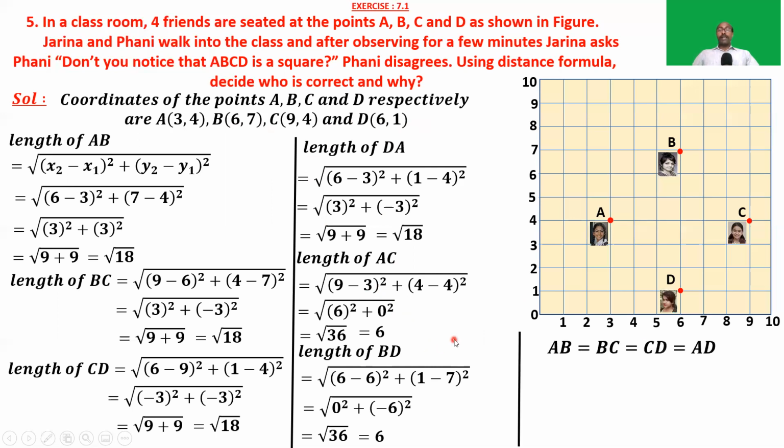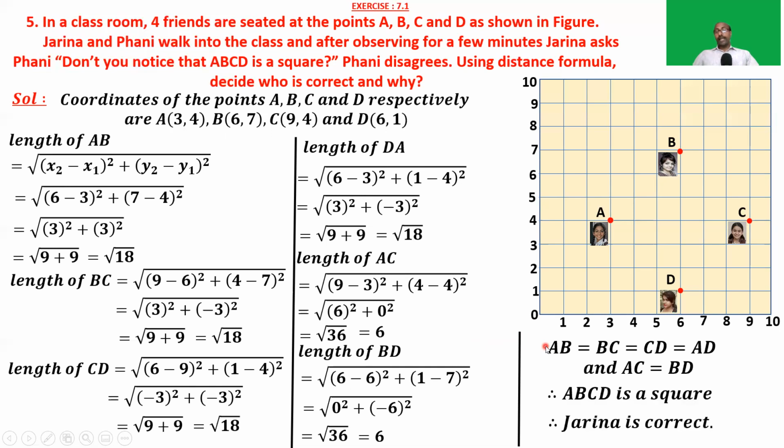So here AB is equal to BC is equal to CD is equal to AD, and AC is equal to BD. That is, all sides are equal as well as diagonals are equal. Therefore, ABCD is a square. So among Zarina and Funny, Zarina is correct. Okay. So the argument of Zarina is correct.